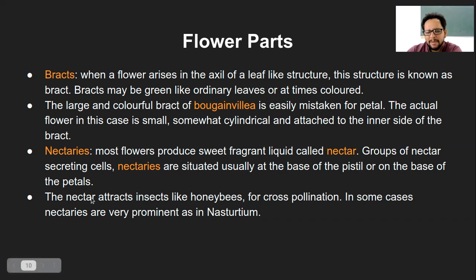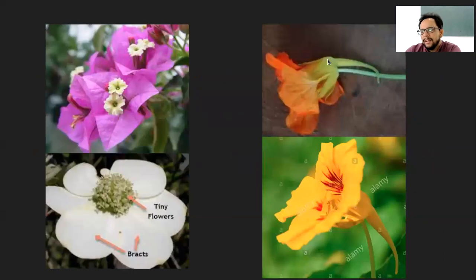That's where the nectaries or the secreting cells are present. And the function, like I mentioned, is to attract insects like honeybees for cross pollination, and in some cases they are also prominent in nasturtium-like species. Now I'll show you this nasturtium species here. You can see this is the stalk, the dark green one, and this other portion hanging with the flower is the nectary.